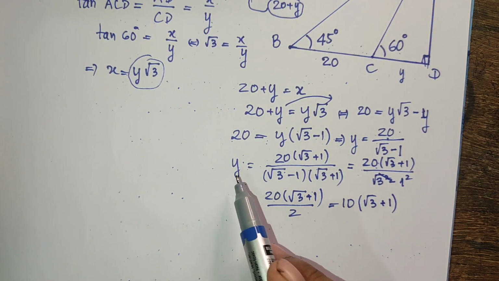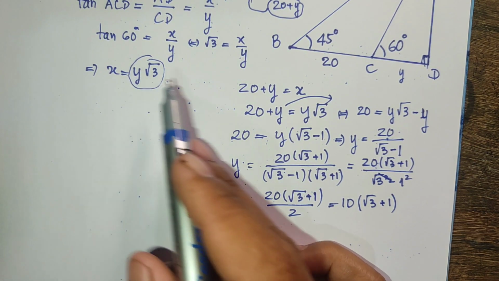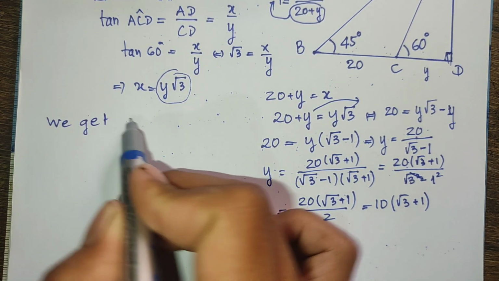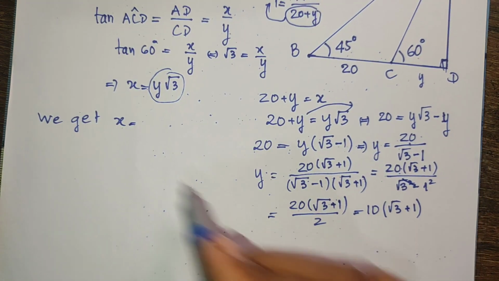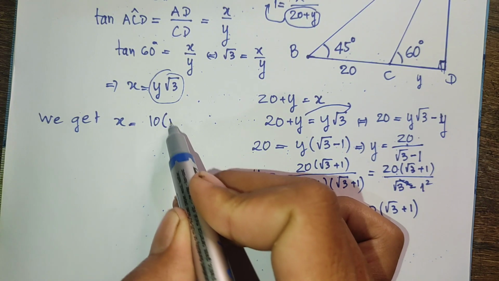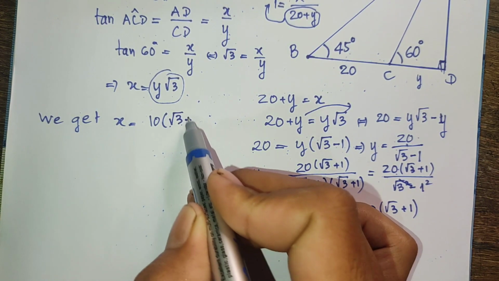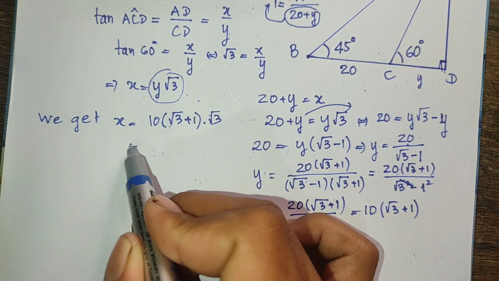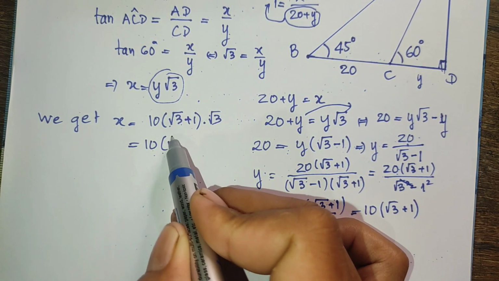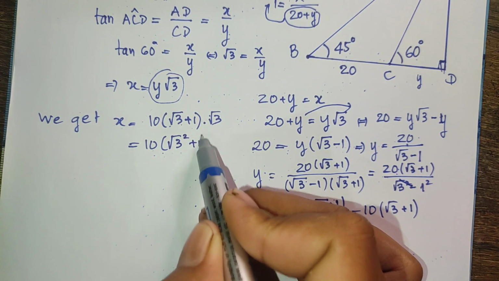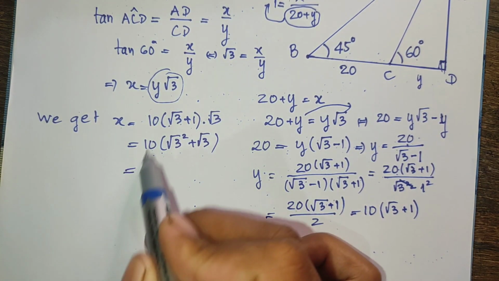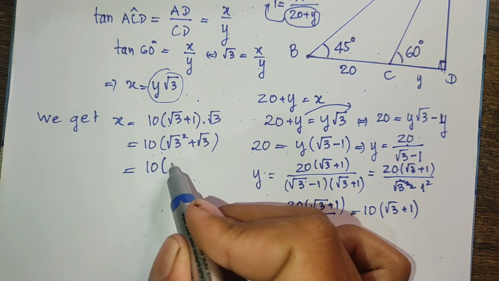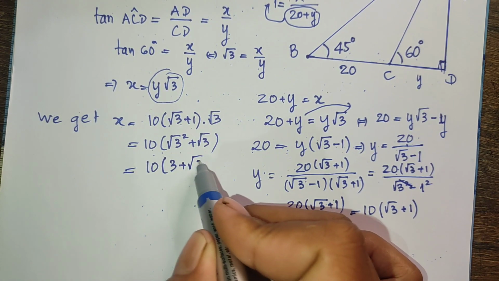So if we take this and replace in this equation, we get h is equal to 10 multiplied by square root 3 plus 1 multiplied by square root 3. We get 10 multiplied by square root 3 squared plus square root 3, and this equals 10 multiplied by 3 plus square root 3.